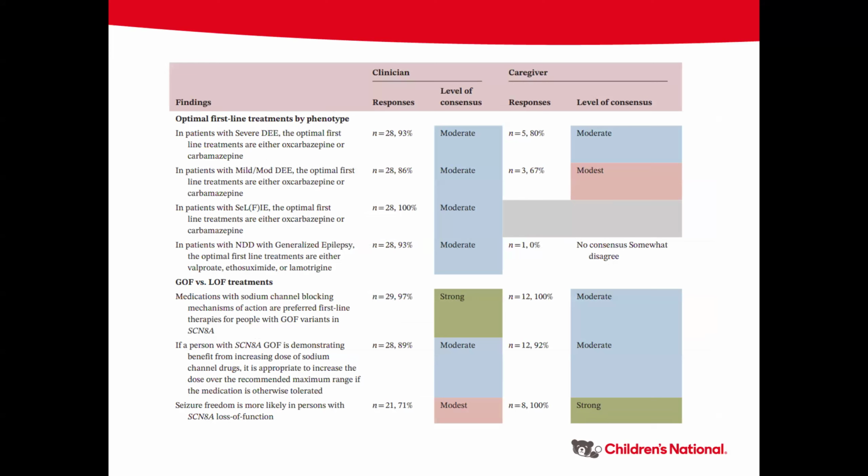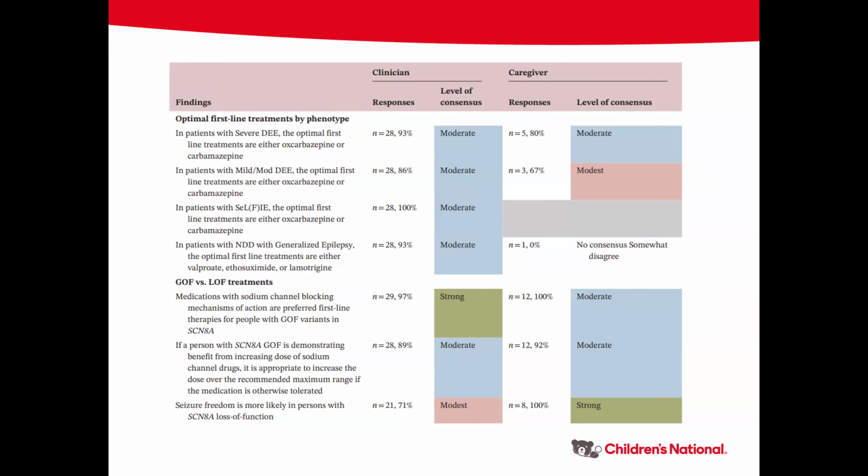On to treatments, the optimal first-line treatments by phenotype. There was generally moderate consensus that sodium channel blockers are preferred for the SELFIE, the mild, the moderate, and severe DEEs.